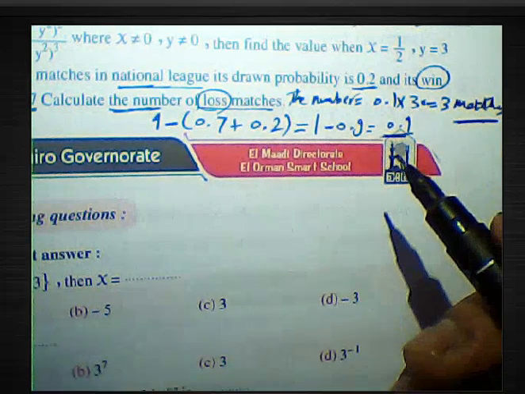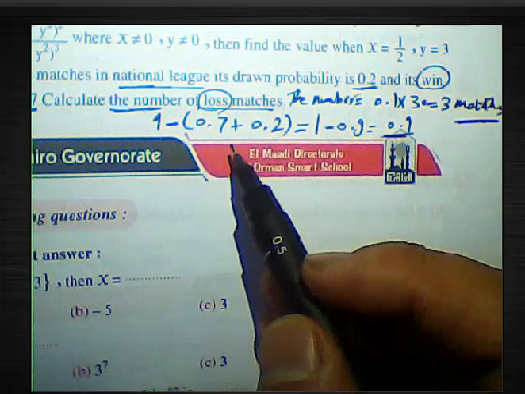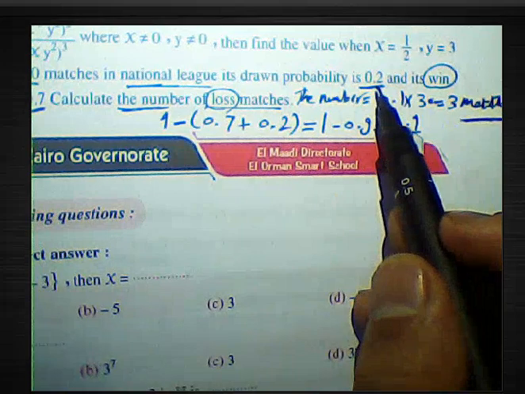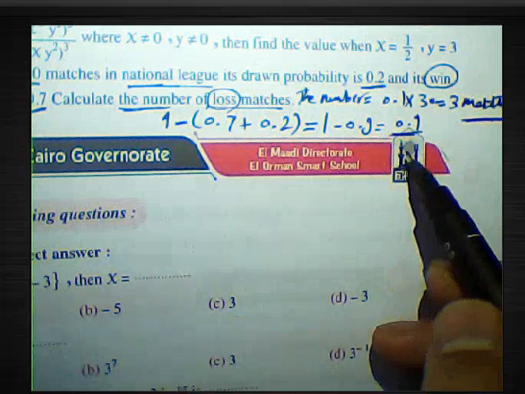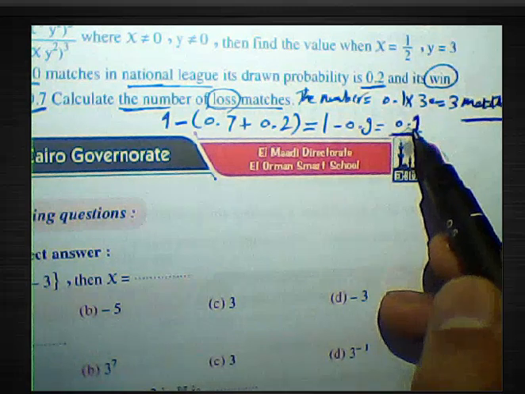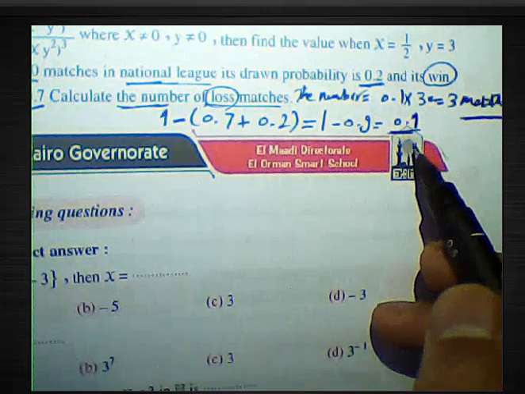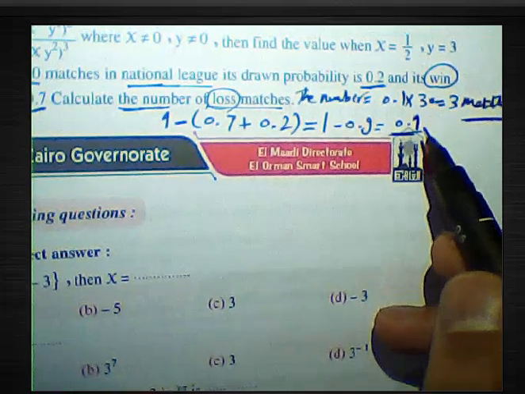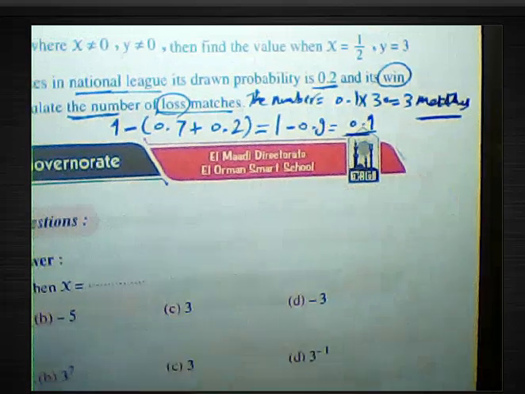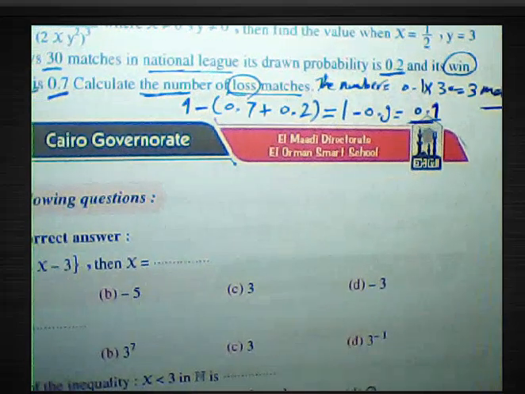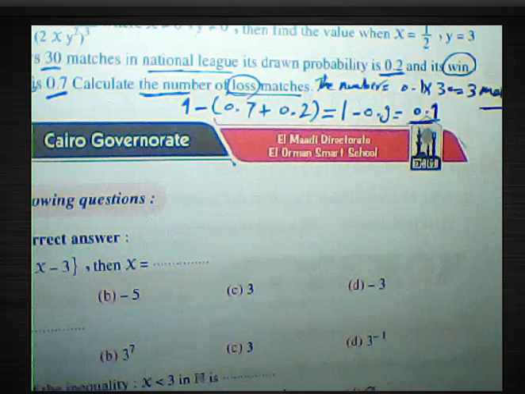We can find the probability of losing by subtracting 0.2 and 0.7 from 1, the result will be 0.1, and then we can multiply 0.1 by the total matches to find the number of losing matches. 0.1 multiplied by 30 equal 3 matches, so this team lost 3 matches.